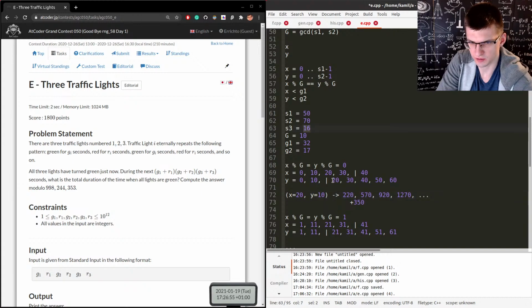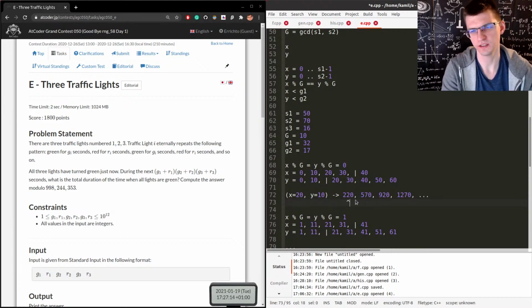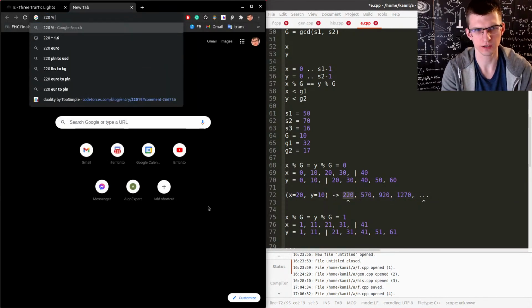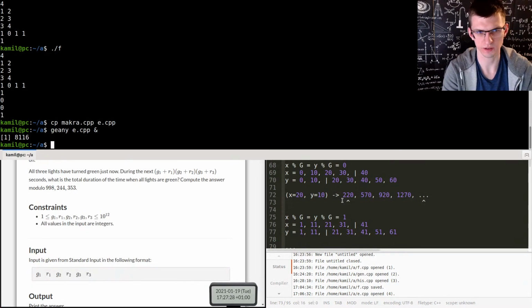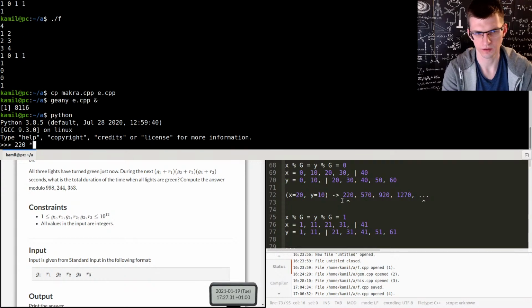Then modulo 16, we'll have some kind of cycle there. Like we add plus 350. And this means this is coprime with 8 after dividing by 2. I believe we will have a cycle of 4. I think that this has some remainder modulo 16, and then this one has the same. Let's check it. Those 4 will be different. 220 modulo, Python will be better for that. Modulo, let's say m is 16.